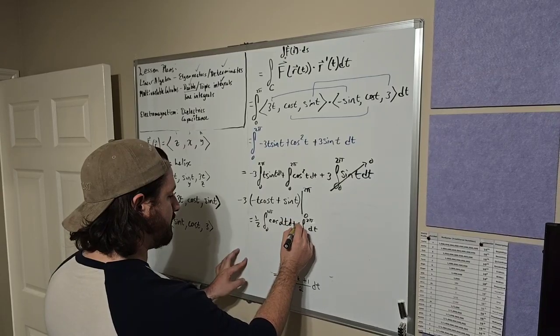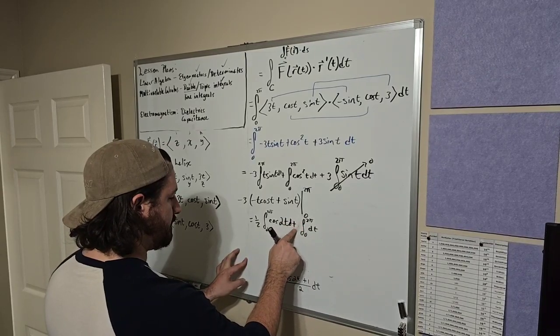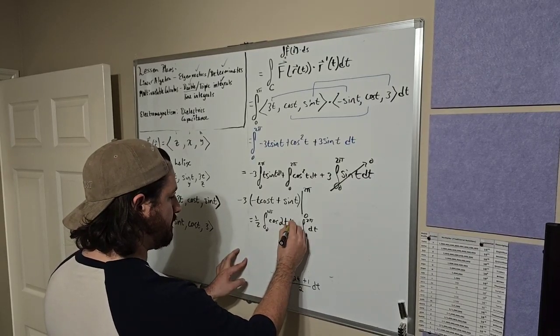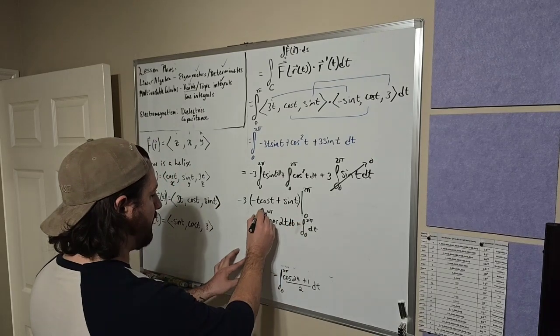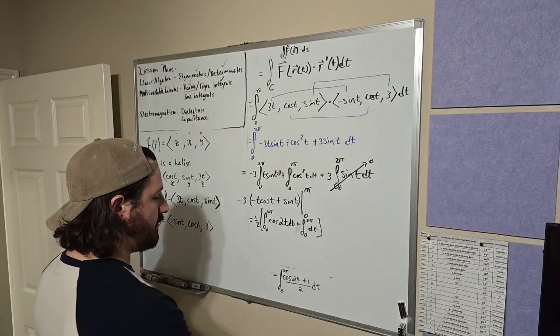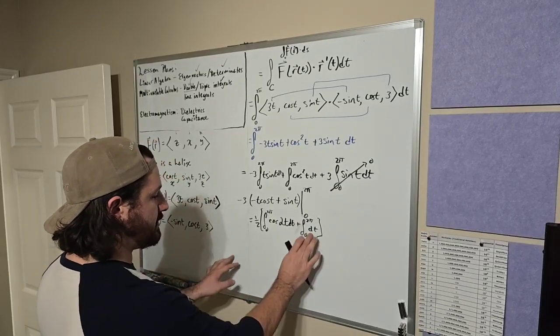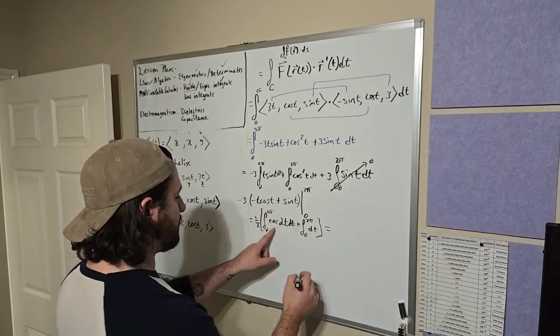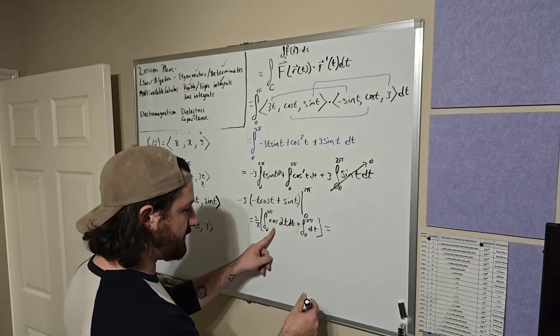That's dt as well. And that 1/2 is, of course, distributed across both of these since I just pulled it out from here. Okay. This is a pretty straightforward integral on the right, and then this one on the left looks a little complicated, but actually works out really nicely.